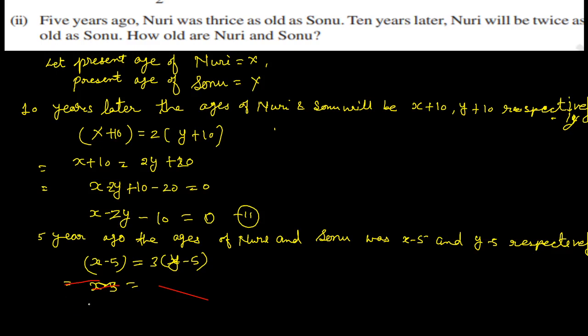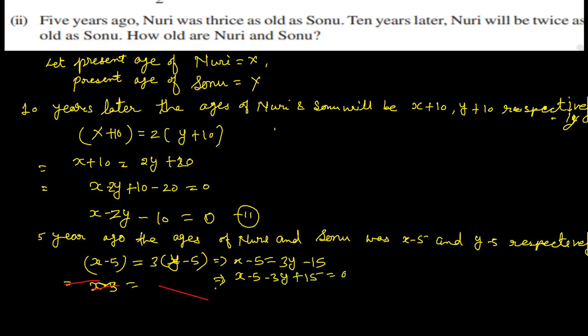From this equation you will get x minus 5 is equal to 3y minus 15. So on solving this you will get x minus 5 minus 3y plus 15 is equal to 0.